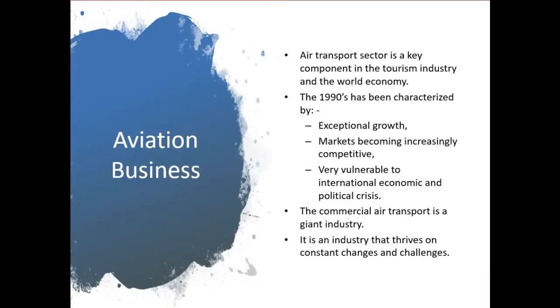So the aviation business, when we look broadly, is basically a business that involves air transportation, which is a key component of the tourism industry, as I mentioned earlier. And in the 1990s, it was categorized by exceptional growth.